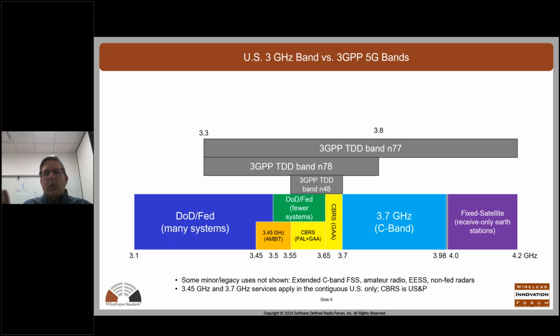So there's these global 3GPP bands that have been defined, and other than the CBRS band N48 that was specifically tailored for CBRS, the other ones, if you're playing Tetris, don't quite fit into the band plan for the 3 gigahertz band, but they at least allow the 3.45 and 3.7 gigahertz band services to operate. Next slide, please, Lee.